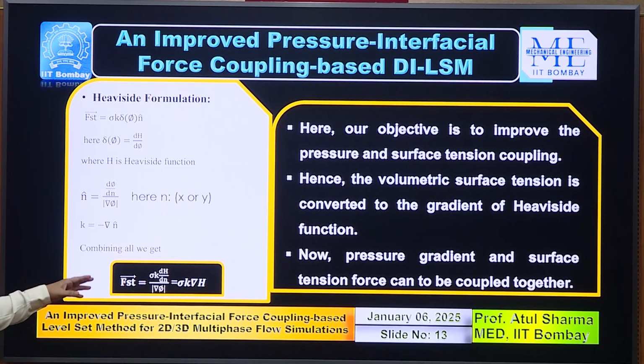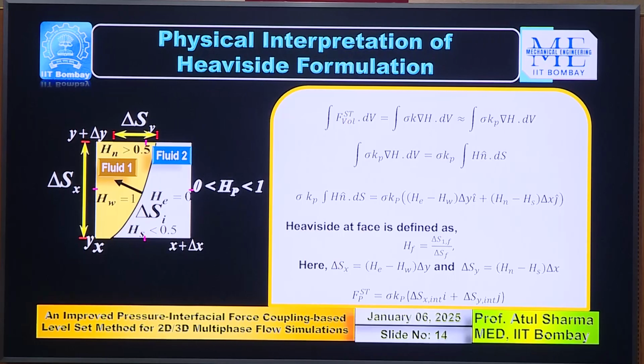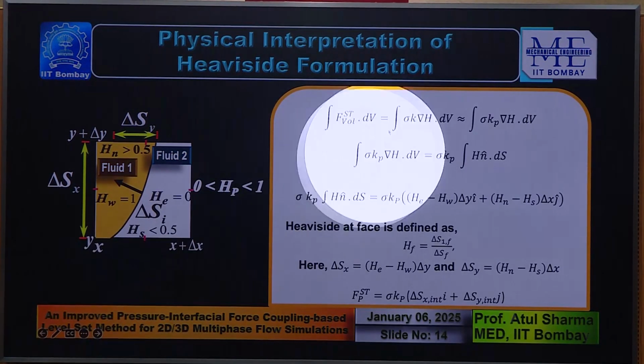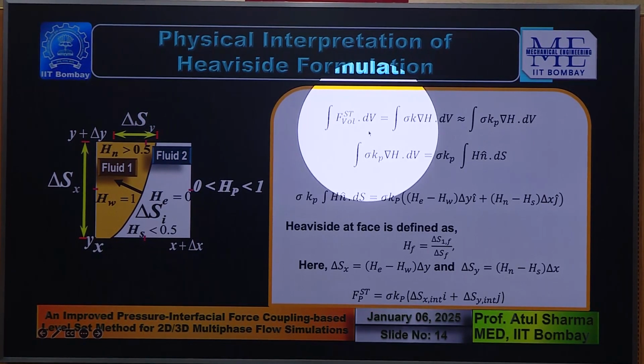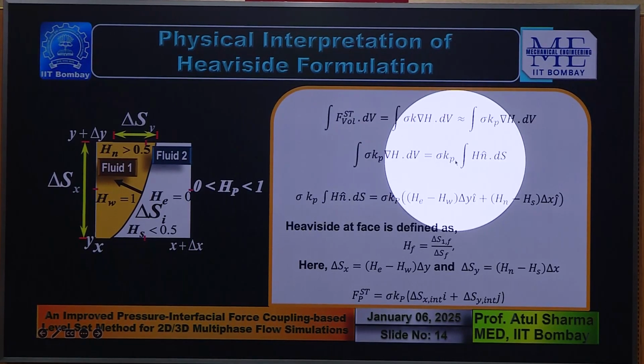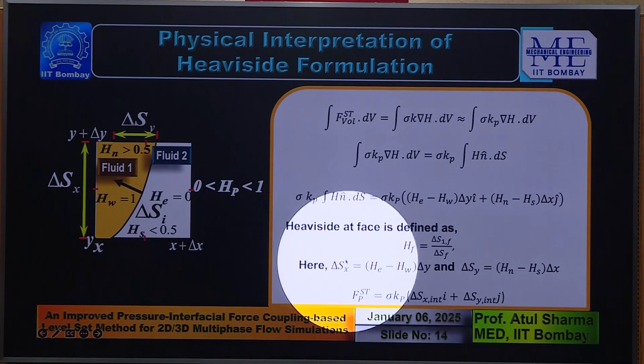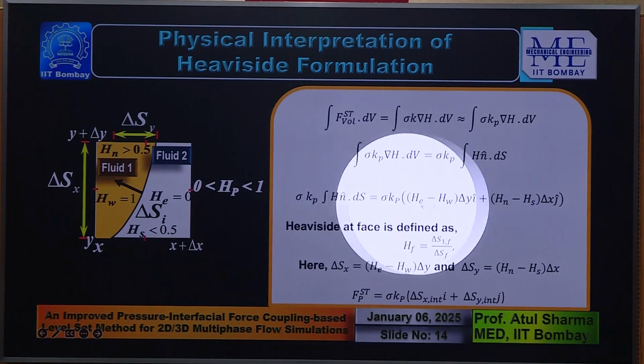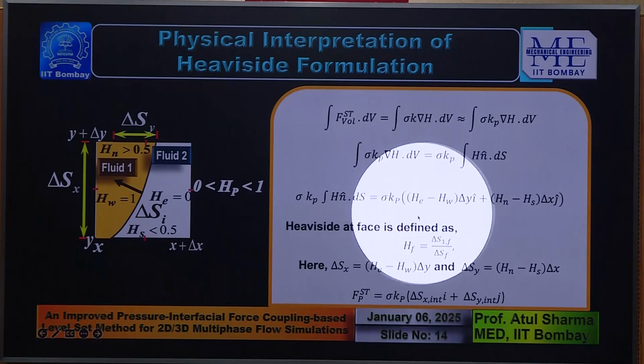We'll take a volume integral and then use the Gauss divergence theorem to convert it into a surface integral, and the way we will be dealing with the Heaviside function will be similar to the way we discretize the pressure force. So, like any finite volume method, we do a volume integral, and then the volume integral is converted into a surface integral by the Gauss divergence theorem. And when you convert this into a surface integral, then use a finite volume discretization. Now let me explain a few things.